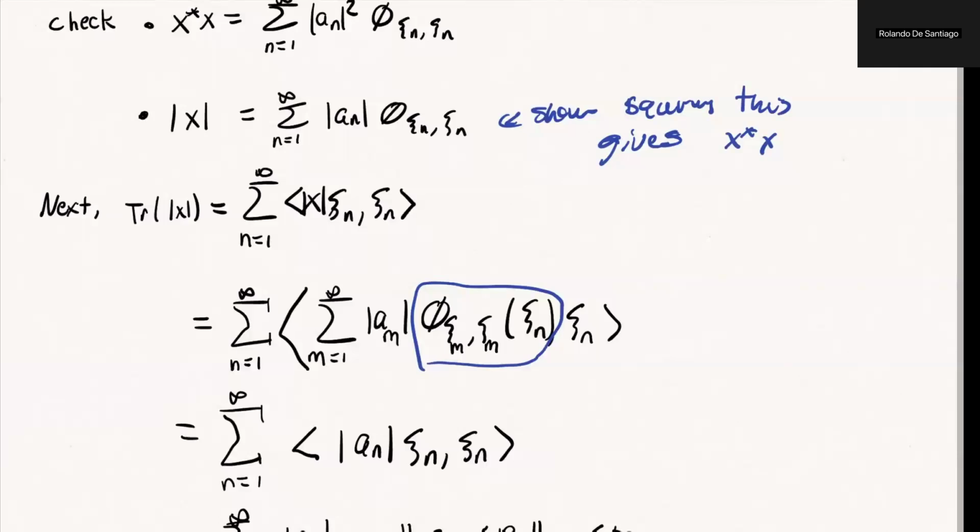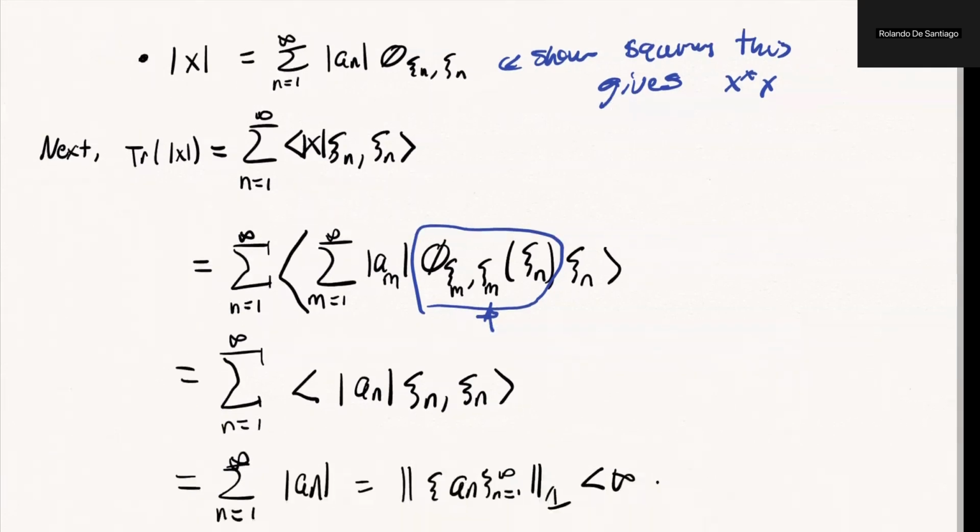And because I'm working with an orthonormal basis, a lot of these terms will be 0 unless they're not. And the only time when they're not zero is when the input matches this subscript down here. So that cleans up this expression a lot, makes this next line a little bit easier.